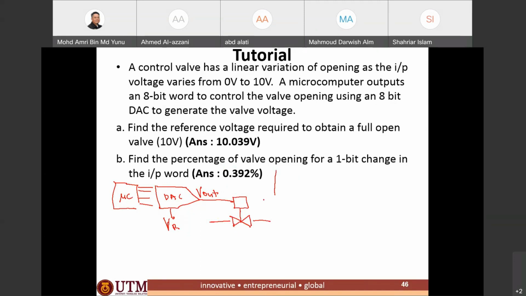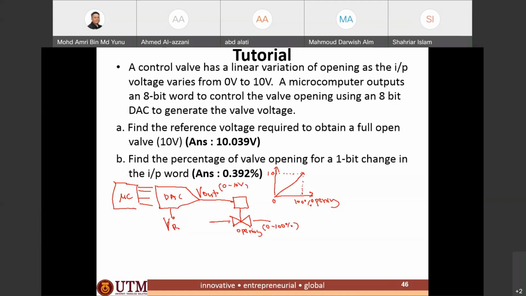So the statement is that the opening of a valve from 0 to 100% will be between 0 to 10 volt. So the output is from 0 to 10 volt, whereas the opening is 0 to 100%.